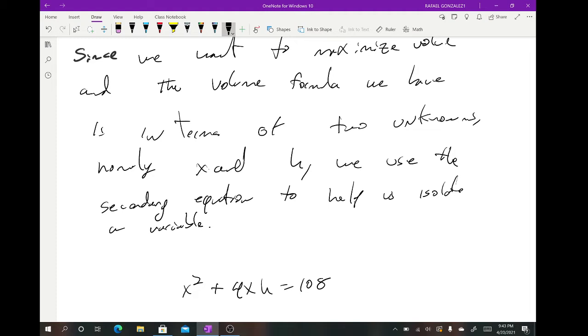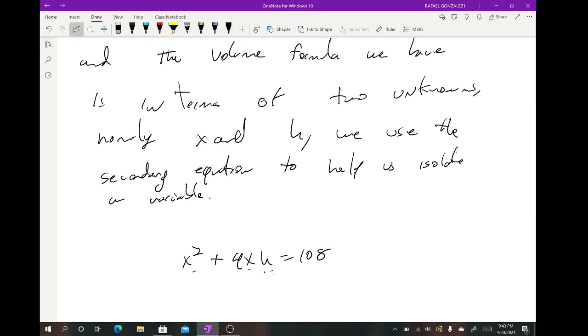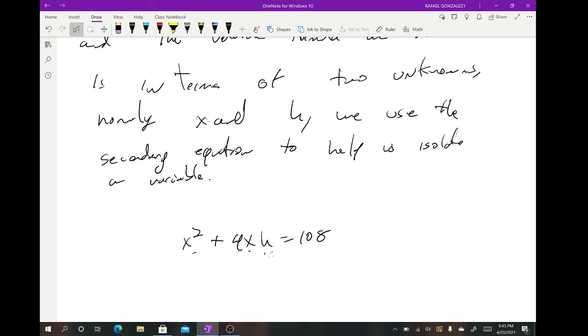So what can we do here? Well, we could either solve for x or we could solve for h. Now, solving for h is much simpler than solving for x. Hopefully you can see why that is the case. So if we were to solve for h, what do we do?